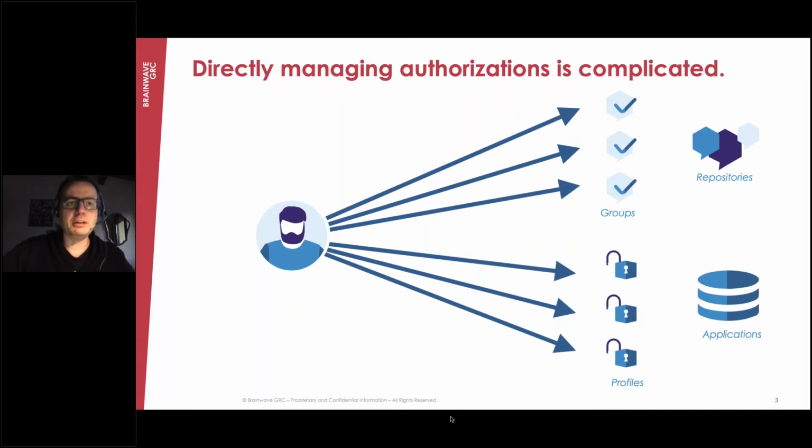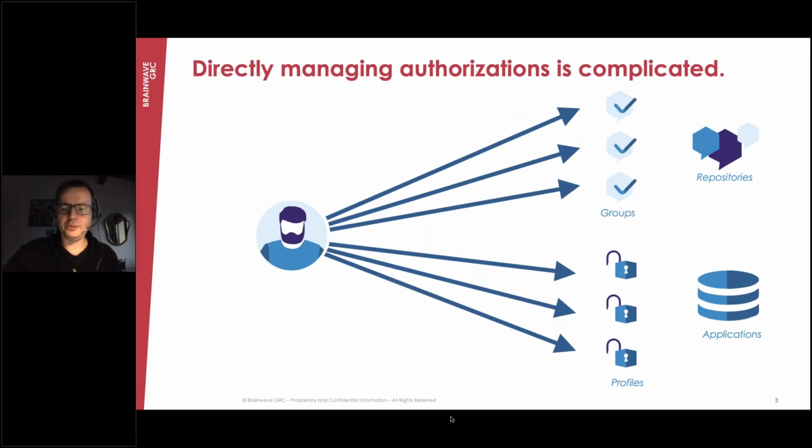But directly managing authorizations is a complex task, because there are a lot of access rights, a lot of authorizations to manage for each user. It's an exponential rule of thumb: one user, 10 accounts, and each account has 10 or sometimes 100 authorizations that need to be managed.